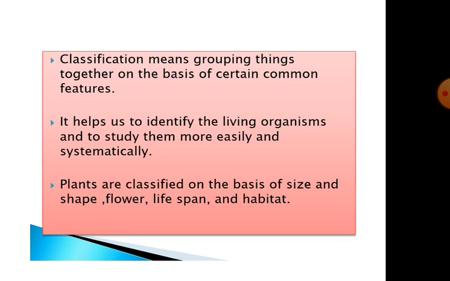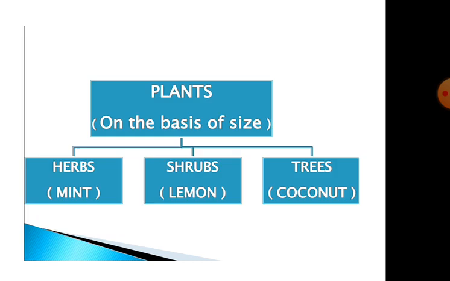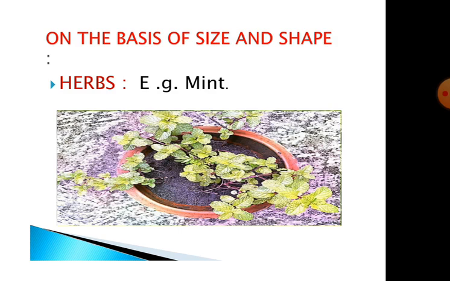Next, plants are classified on the basis of size and shape, flower, lifespan and habitat. On the basis of size and shape, plants are classified into herbs, shrubs and trees.